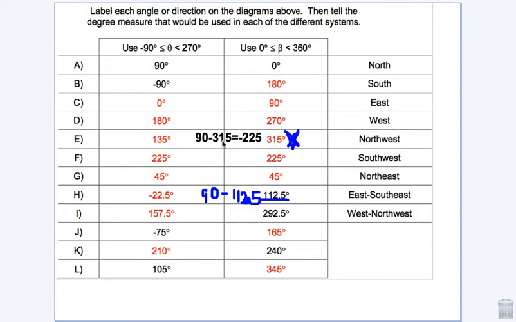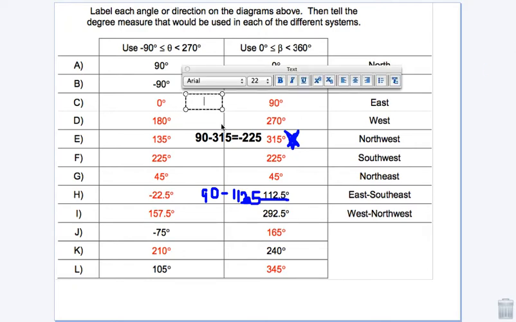So if we have 315 degrees, 90 minus 315 degrees gives us a negative 225. But how did we get the 135? Well, if you take 360 degrees and subtract or add our negative 225, but since it's negative, we could just subtract 225. What do you get?